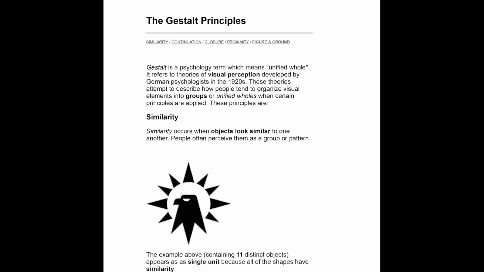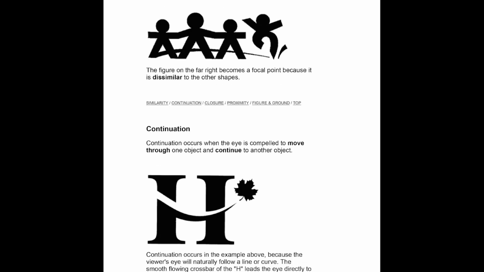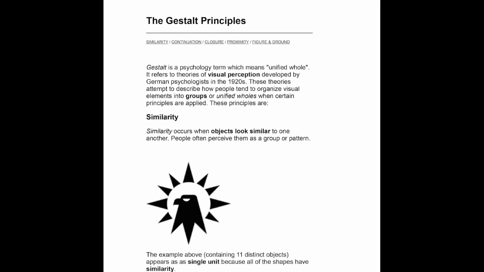When certain principles are applied, there are a number of different principles that define Gestalt. The first one is similarity, and similarity occurs when objects look similar to one another. People often perceive them as a group or a pattern.